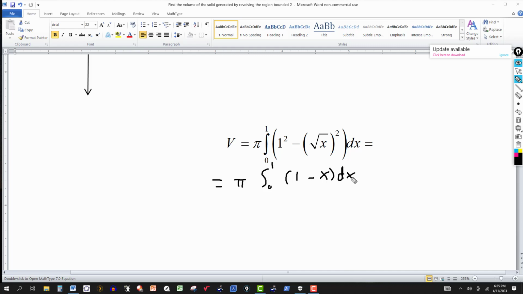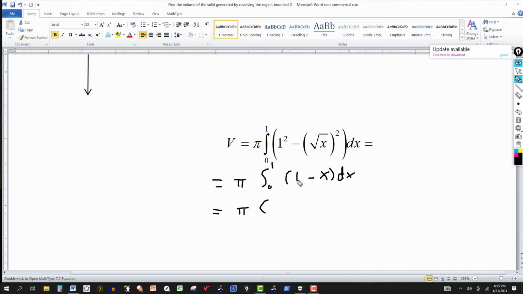Now it's the easy part, or it's supposed to be. Once you've set up the integral for the formula of the volume of revolution, the rest should be the easy part. And especially in this case, because you have a first degree expression here. We integrate with respect to x.